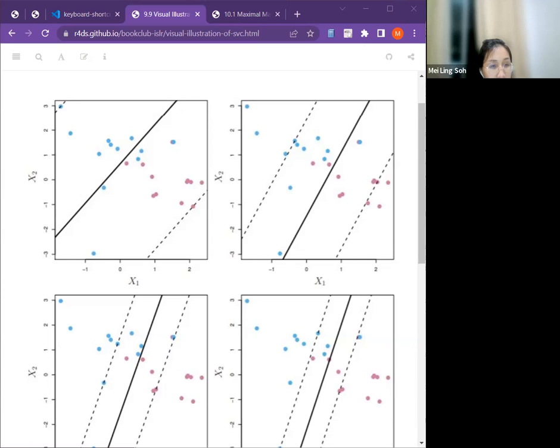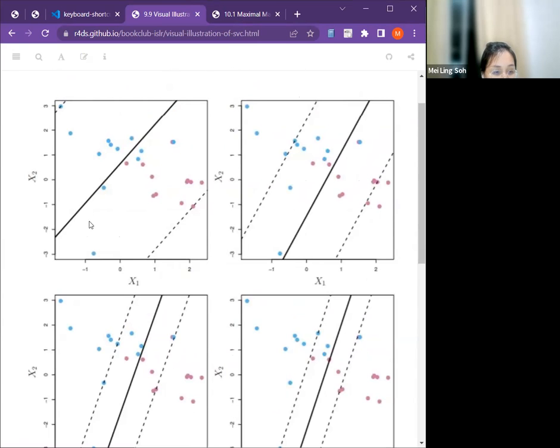Let's see here. What else do I need to talk about? So of these 4 margins, as you can see on the top left, the margin is huge. Then the other 3 have smaller margins.